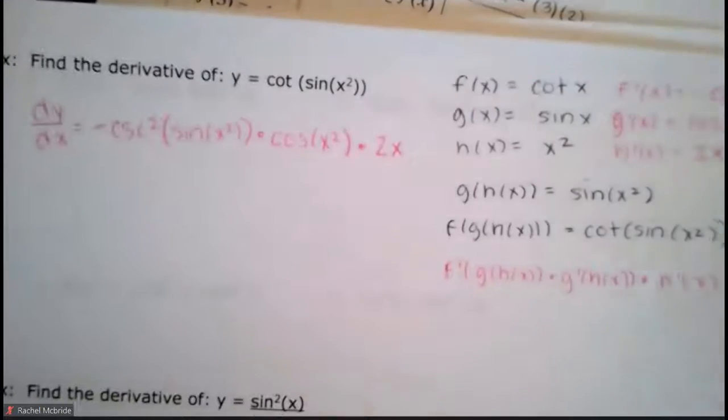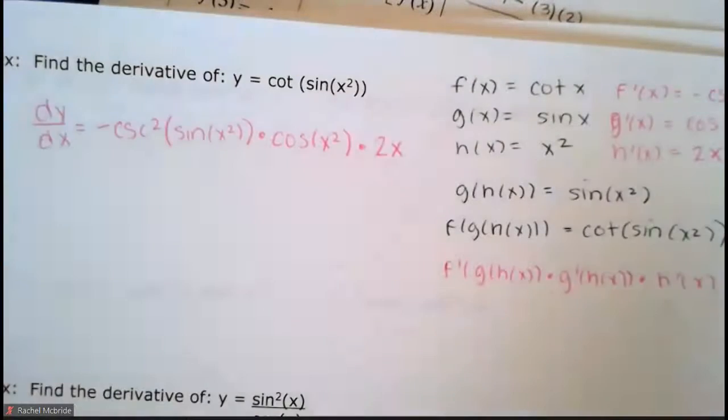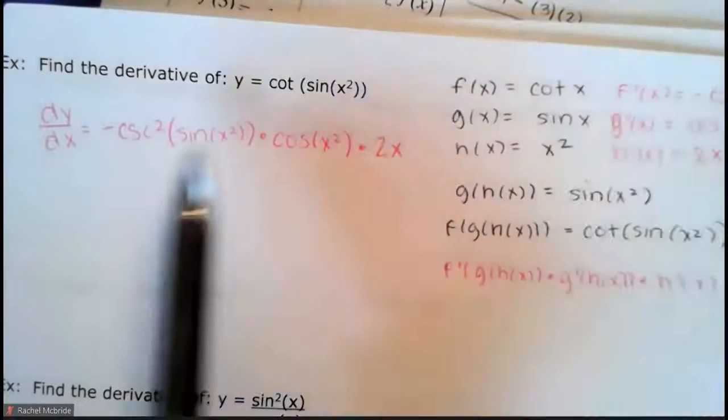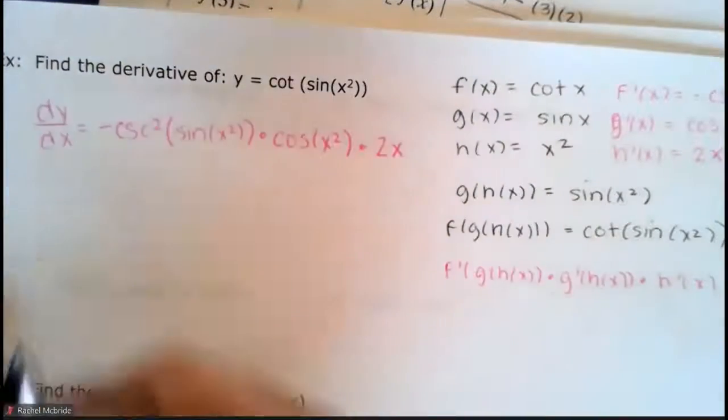And then what we like to do is just clean this up algebraically. So we're going to move the 2x and the negative out to the front.